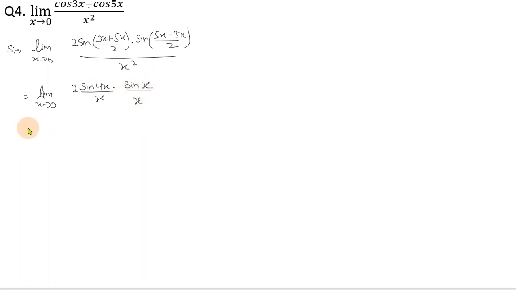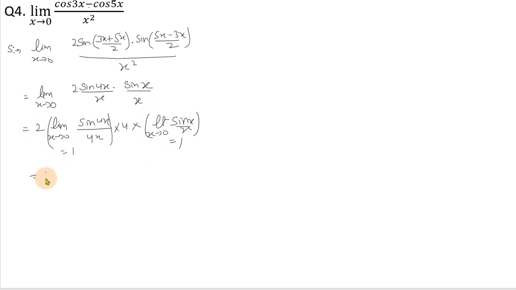Now we can separate the limits: limit x approaches to 0 sin 4x upon x, and in order to make the same angle in the denominator we multiply and divide by 4, and the limit of the second term, limit x approaches to 0 sin x upon x. Now this term is equal to 1, this is equal to 1, so we get 2 into 4 equal to 8, and this is our answer.